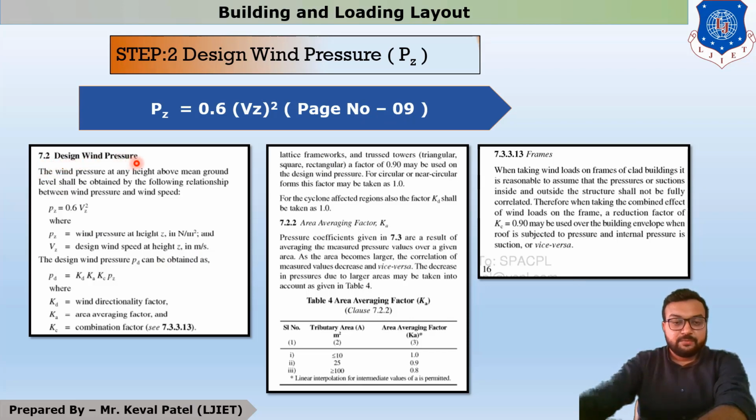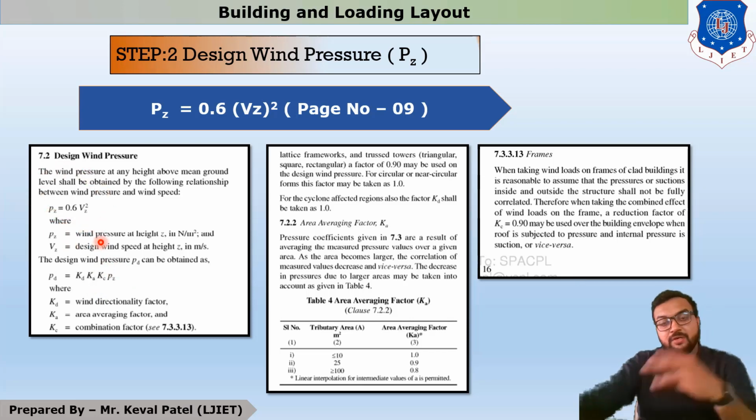But this is not your final answer. Your final answer is over here. This is PD, D for design and P for wind pressure. So the design wind pressure is KD into KA into KC into PZ. Now PZ will be found from this equation.